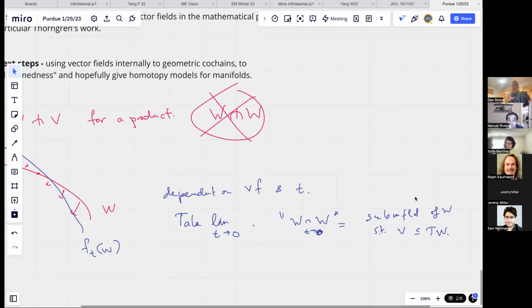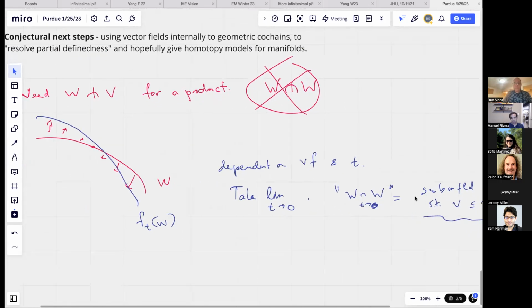So that would be a way to just take a vector field, and now we could define what W times W is. Again, not everywhere, right? Because given a vector field, there are going to be some submanifolds for which this is not a good thing, but we've got a wider area, and it's an interesting idea that we can then take further.